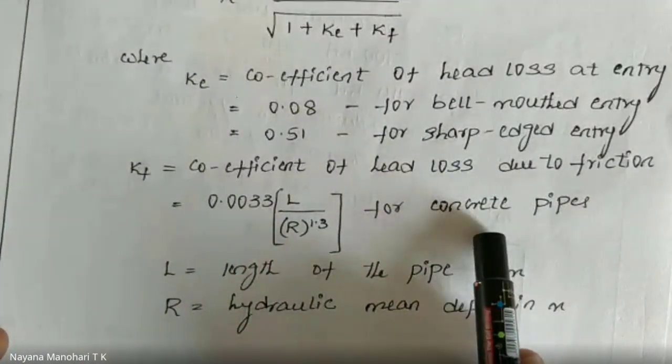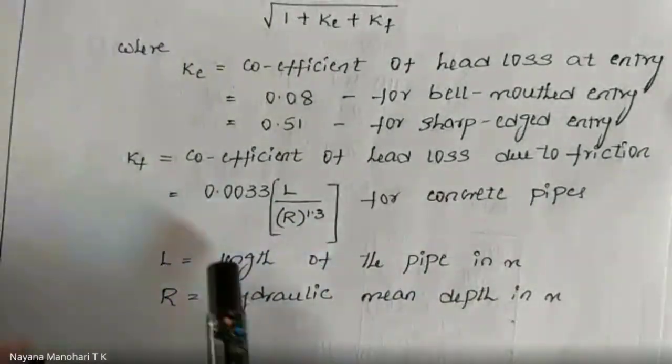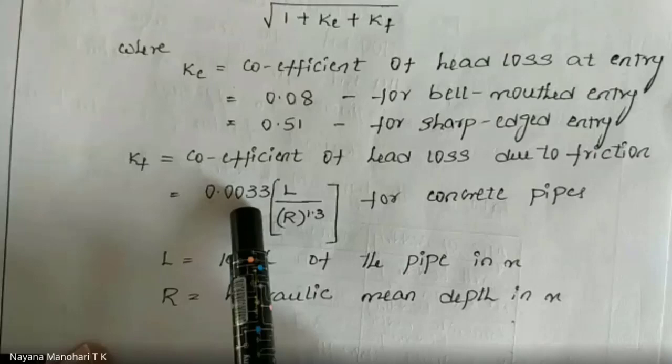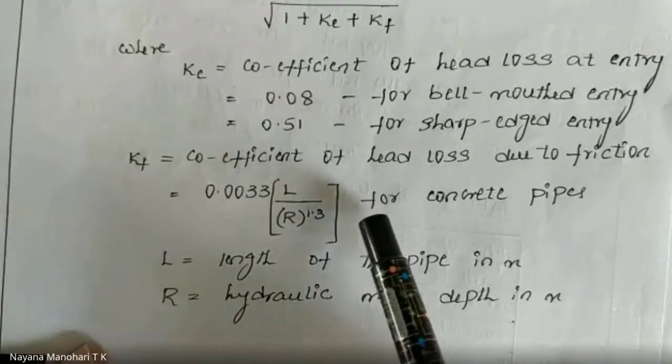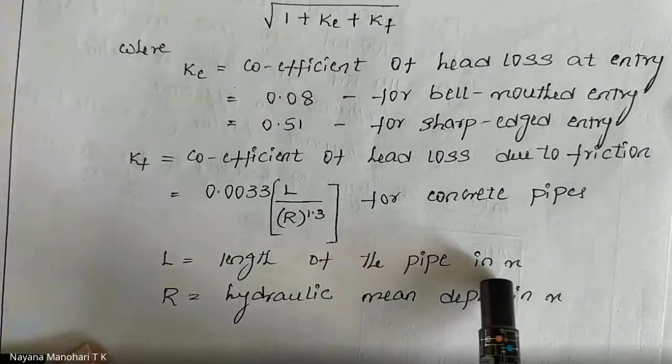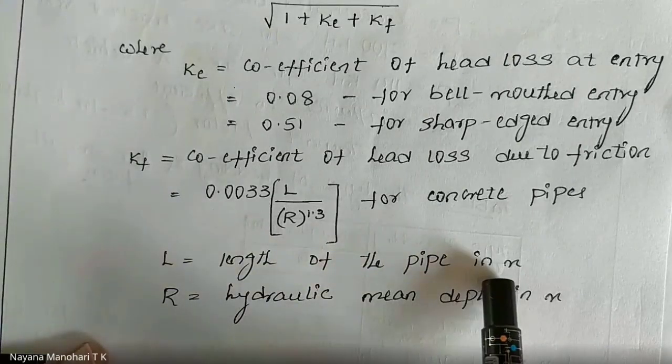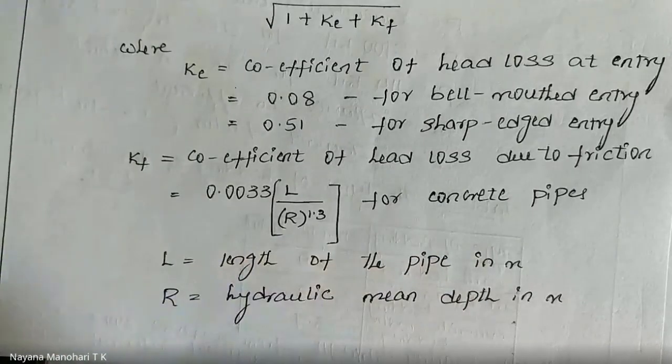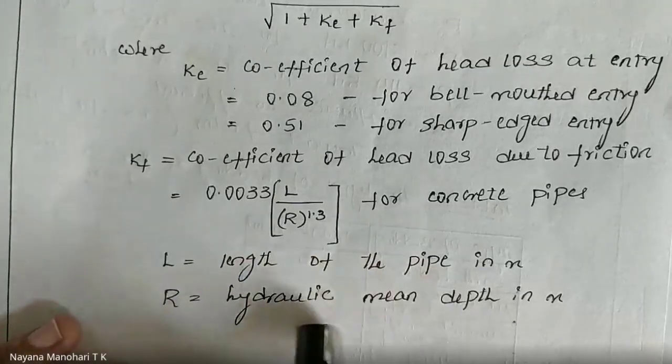Usually we are going to prefer concrete pipes only. L is the length of the pipe in meter, which they are going to specify in the problem, and R is the hydraulic mean depth in meter.